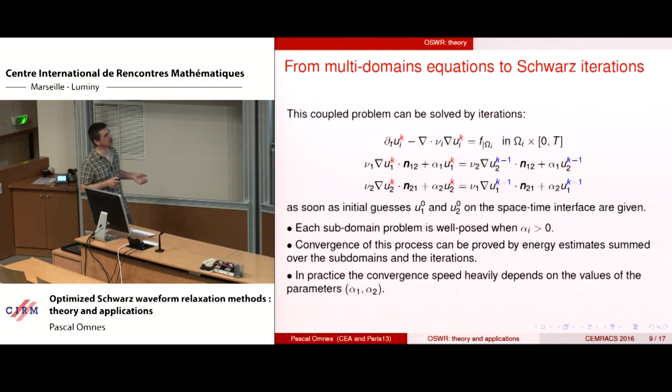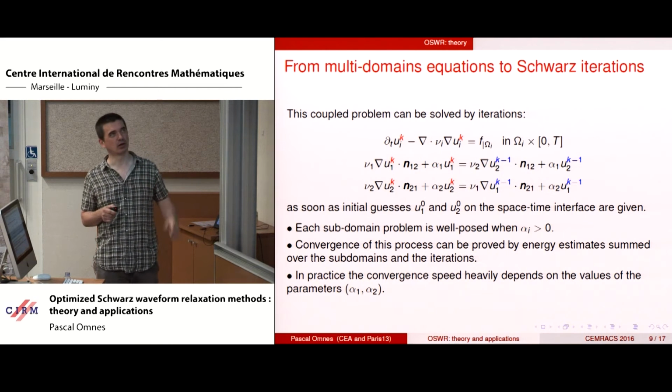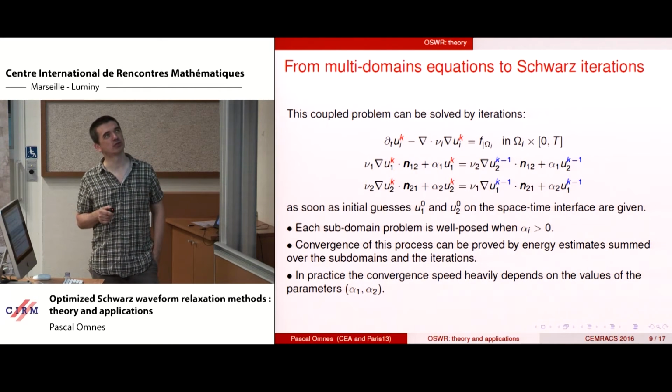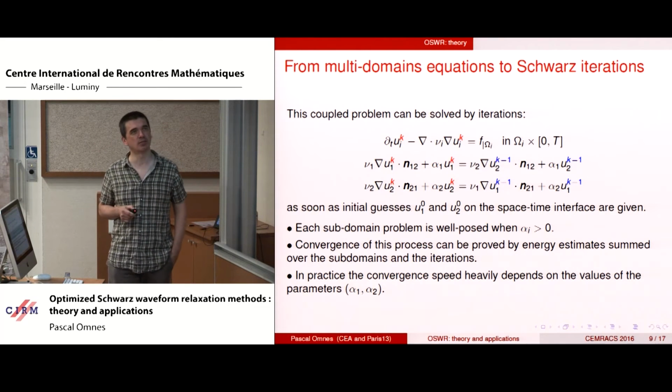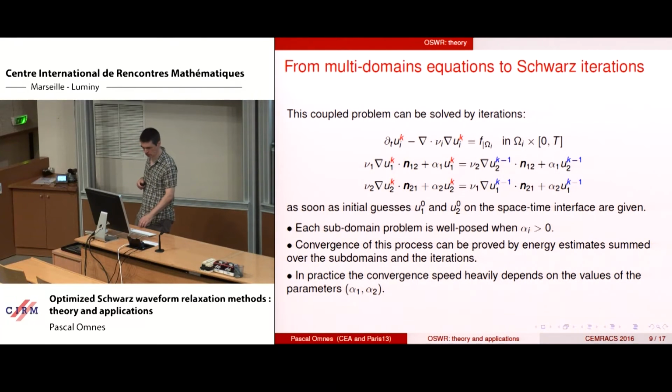You perform energy estimates on each subdomain for each iteration, and then you sum up through the iterations and through the subdomains, and the terms on the boundaries, you use these relations to cancel them, and then you end up with something that tells you that the error between the monodomain solution and your subdomain solutions tend to 0. In practice, the convergence speed heavily depends on the value of the parameters alpha 1 and alpha 2, and I'm going to try to show you how you can do to estimate correct values of these parameters.